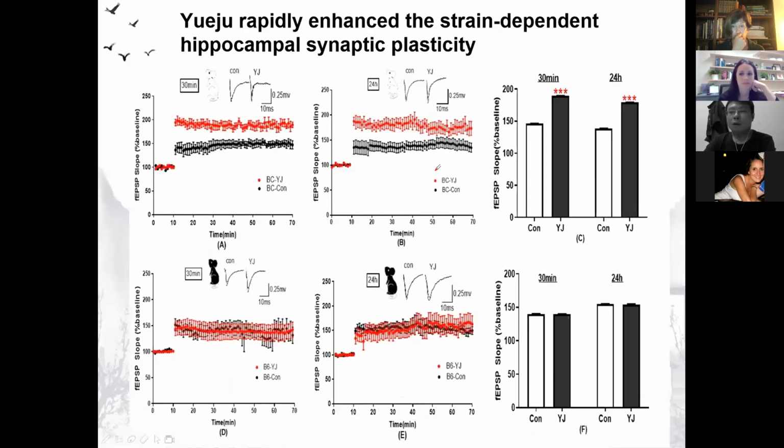We all know long-term potentiation is associated with synaptic plasticity. Based on this, we measured long-term potentiation in the hippocampus after a single dose of yuezhi in both strains. We found that LTP was enhanced only in BALB/c mice and not in B6 mice, both at 30 minutes and 24 hours after a single dose of yuezhi.